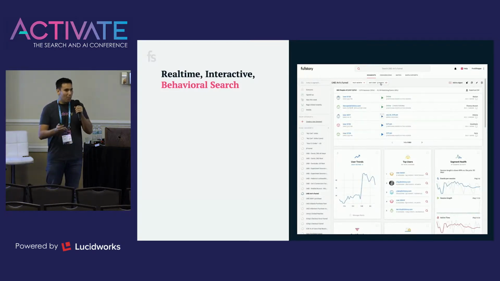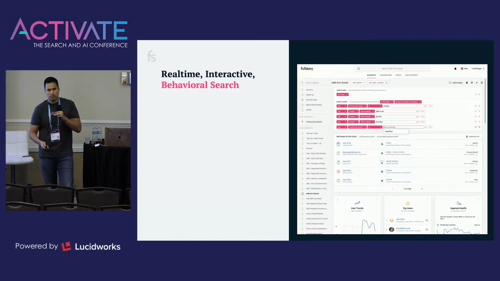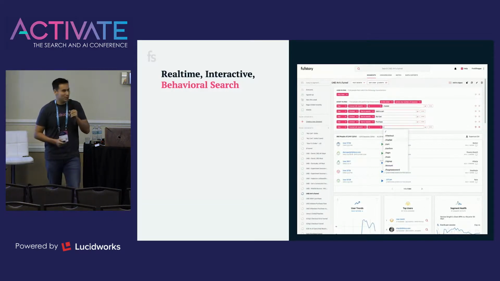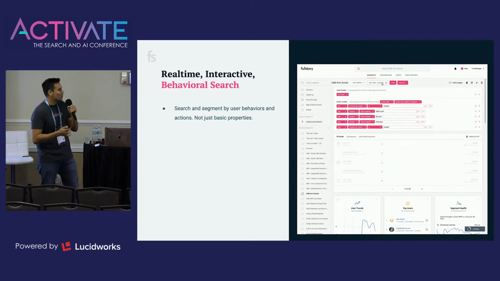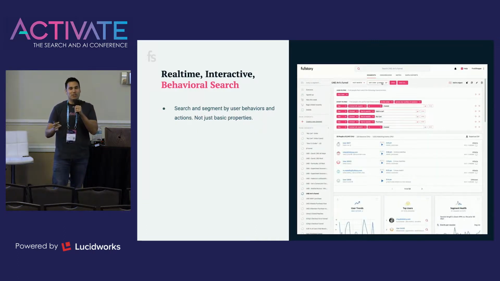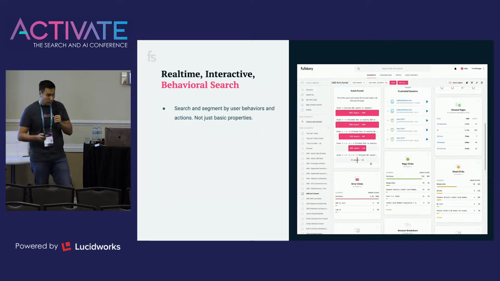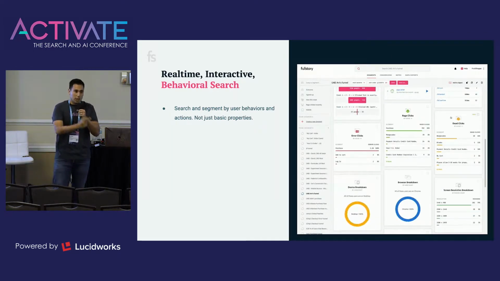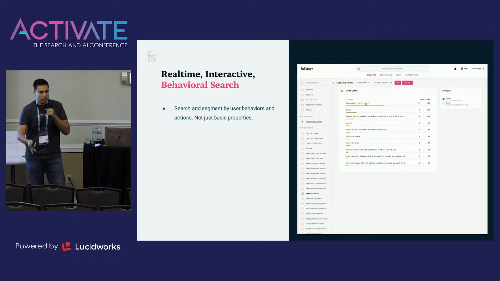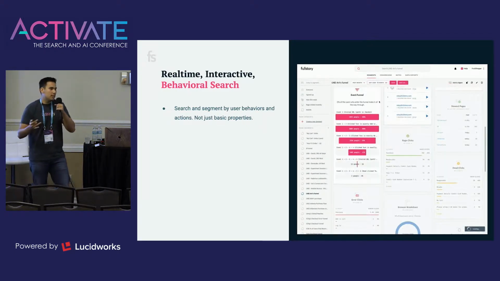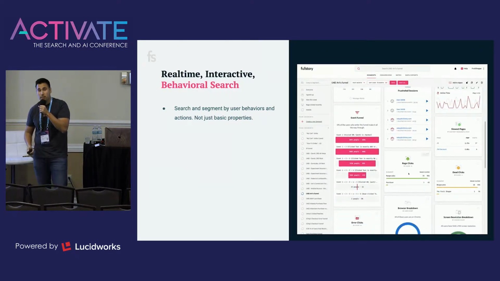How many of you are familiar with what we mean by behavioral search? Okay, no worries. We mean the ability to search and segment by user behaviors and actions, not just simple properties or simple filters. Imagine someone clicks on the add to cart button, they encounter an error on your site, maybe they see a modal dialog, they dismiss it, and then they either get to a confirmation page or they wash out and get to a cancellation page.